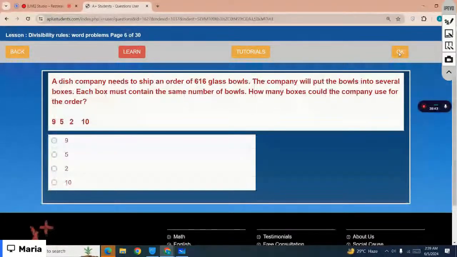A dish company needs to ship an order of 616 glass bowls. The company will put the bowls into several boxes. Each box must contain the same number of bowls. How many boxes could the company use for the order? So, which is the correct option?